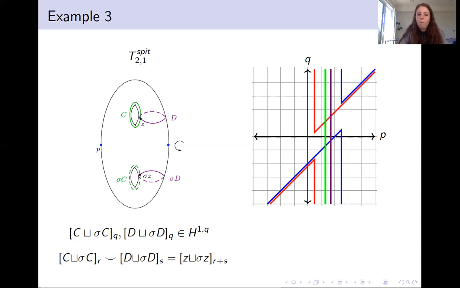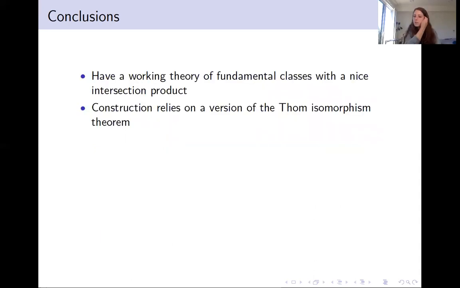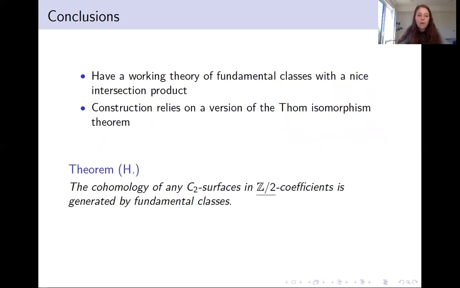Okay, let me just conclude since I'm running out of time. So the conclusion is we do have a working theory of fundamental classes with a nice intersection product. The construction relies on a version of the Thom isomorphism theorem, which I did not discuss in this slide, but is in my paper that's linked to this video. And maybe just to connect back to our prologue.